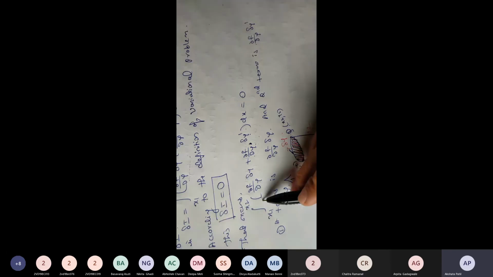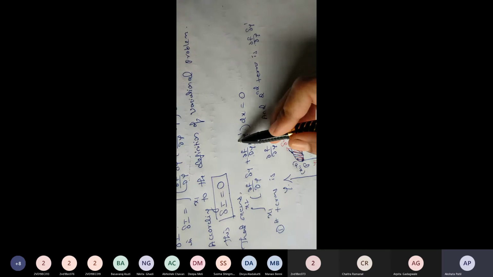In this integral, in place of delta y dash, I replace it by d by dx into delta y.